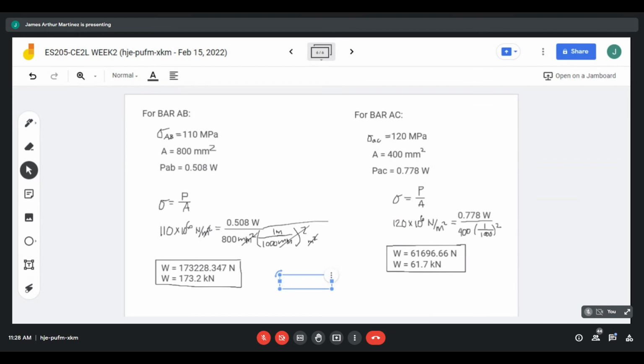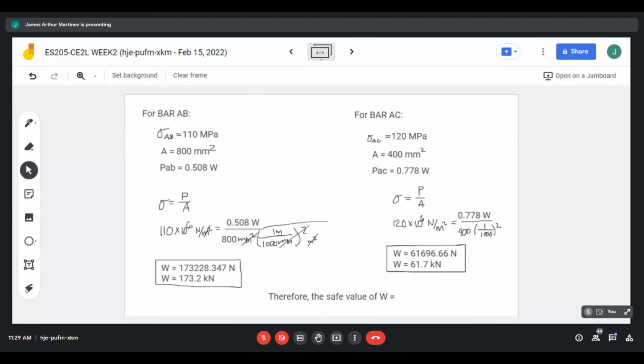So therefore, the safe value of W is equal to, so how much? Option A is 173.2, or option B is 61.7.